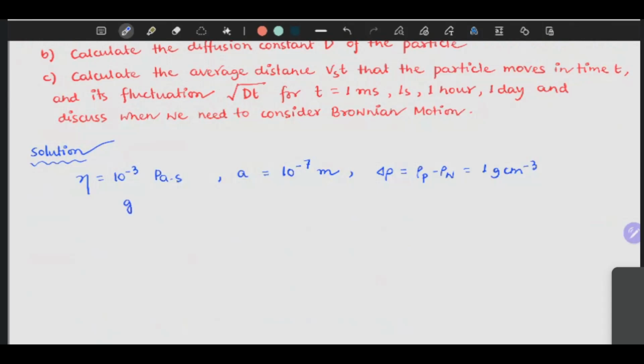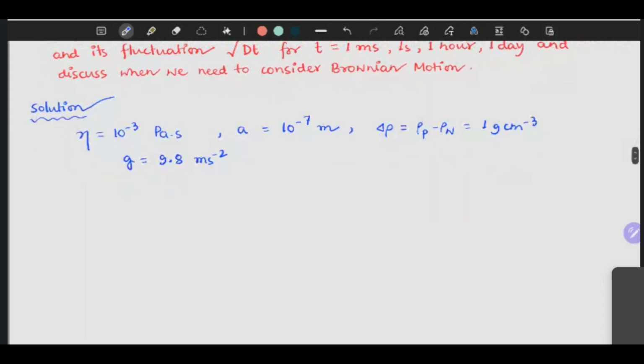Okay, and we know the gravitational acceleration is 9.8 meter per second square.